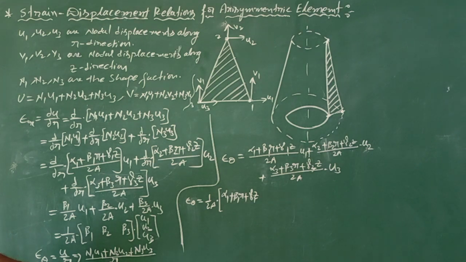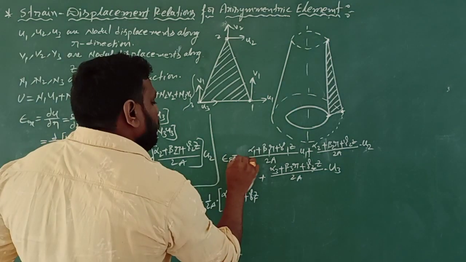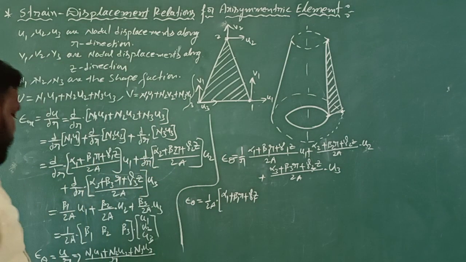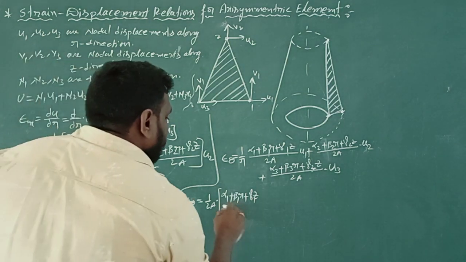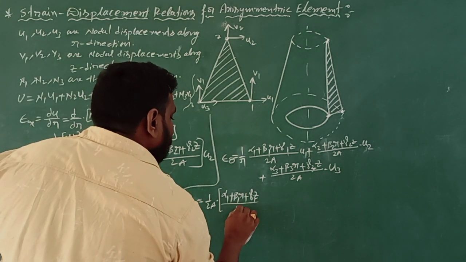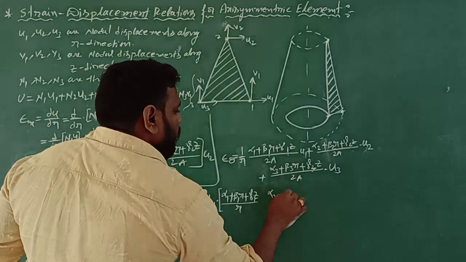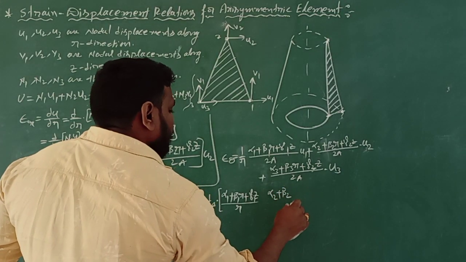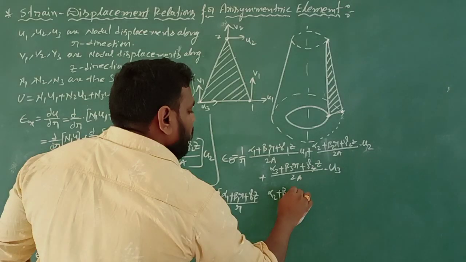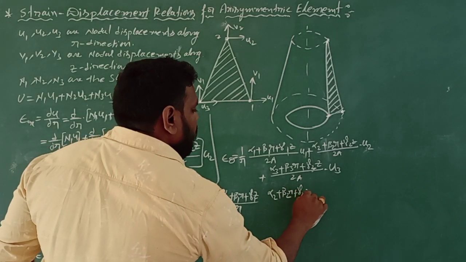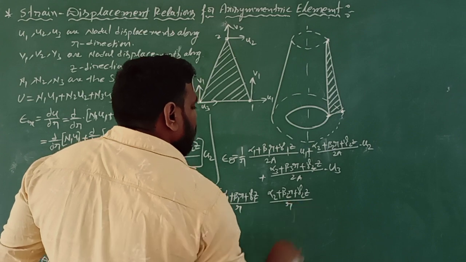R is also there, more r is also there, so that's why I am putting 1 by r here. It is equal to 1 by r. So that is alpha 2 plus beta 2 r plus gamma 2 z whole by r.